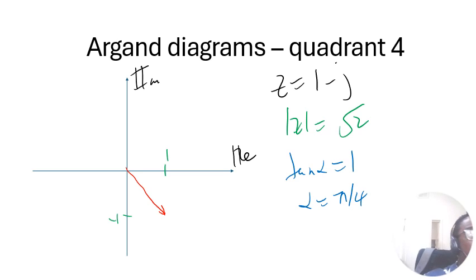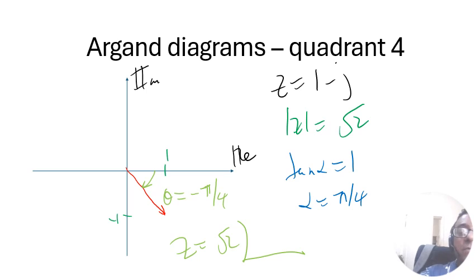But pi by 4, 45 degrees, is in the first quadrant, and we're sitting in the fourth quadrant. Remember the restriction that theta lies between minus pi and pi, so we go this way, and theta is minus pi by 4. So z is root 2, and its principal value here is minus pi by 4.